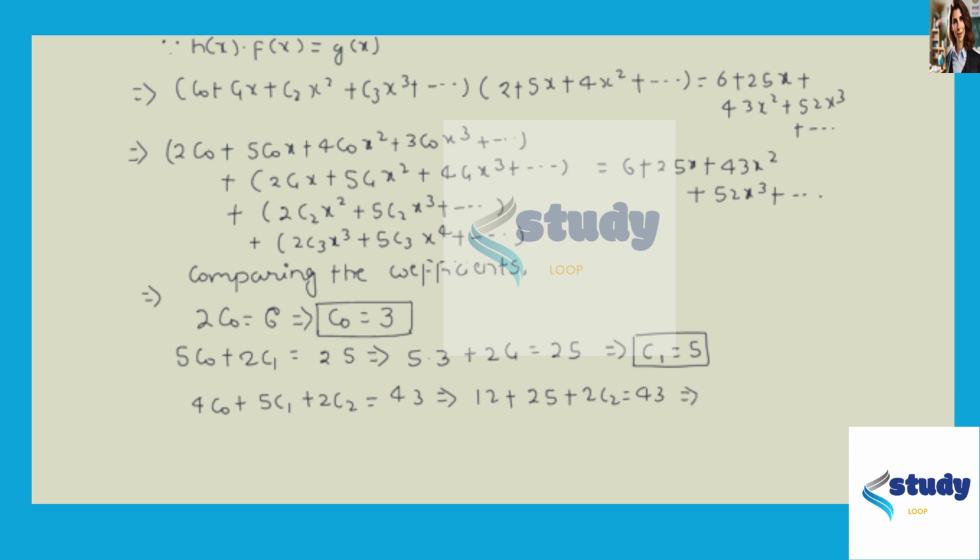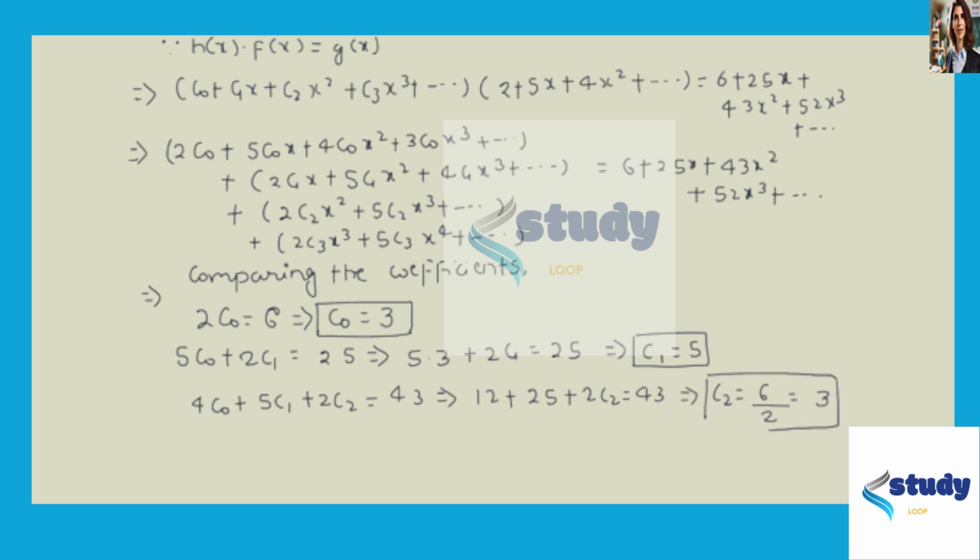So the value of c2 will be 25 plus 12 is equal to 37. 43 minus 37 is 4, correct, and divided by 2. Sorry, here it will be 43 minus 37 is 6 divided by 2. So this is nothing but equal to 3.